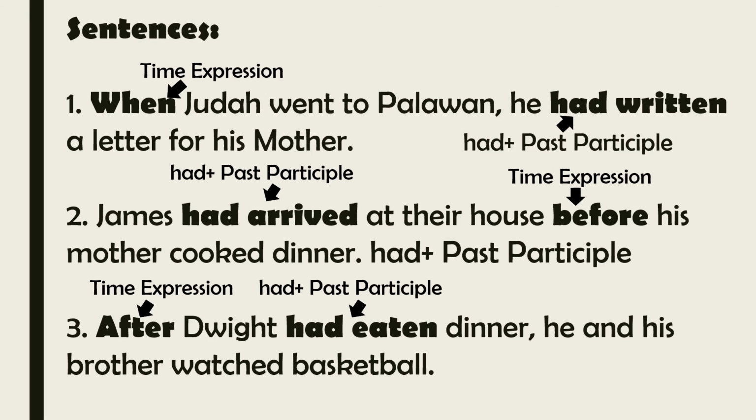Number three, after Dwight had eaten dinner, he and his brother watched basketball. The time expression used is after, and the past perfect tense is had eaten, so had plus the verb eat in its past participle form, which becomes eaten.